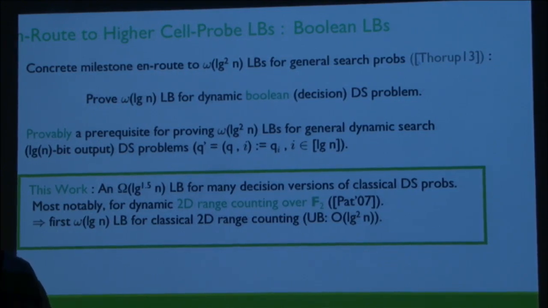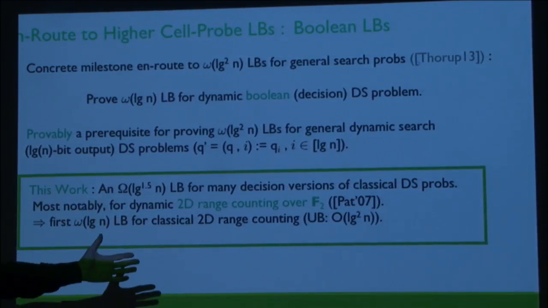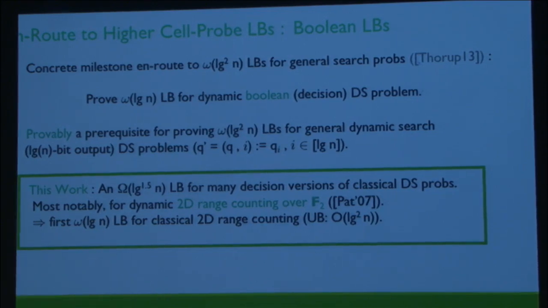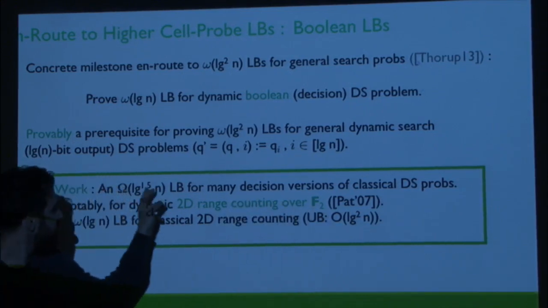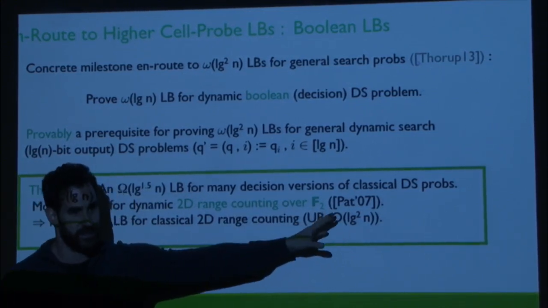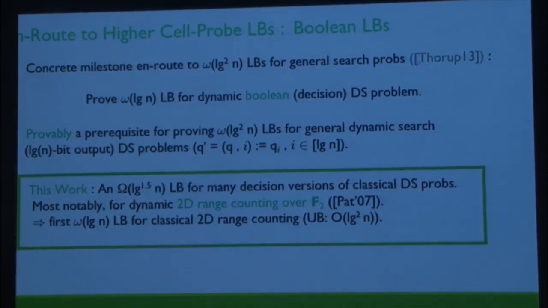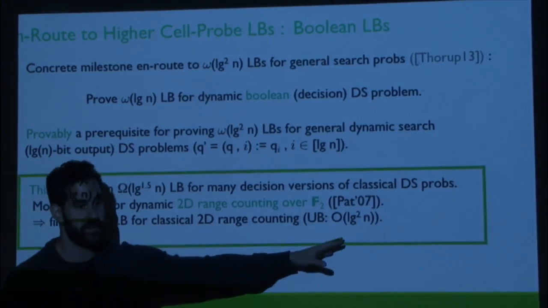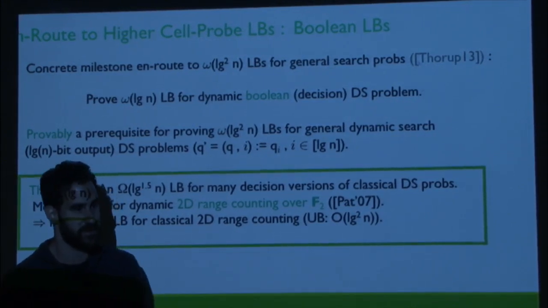And that problem was still open. There was a gap between log n and log squared n because Patrascu's lower bound only applied to the weighted problem where you have large weights. Does that make sense? And I remind you that it's not exactly tight because there's still a square root log n factor, but it's not very far from the best upper bound.